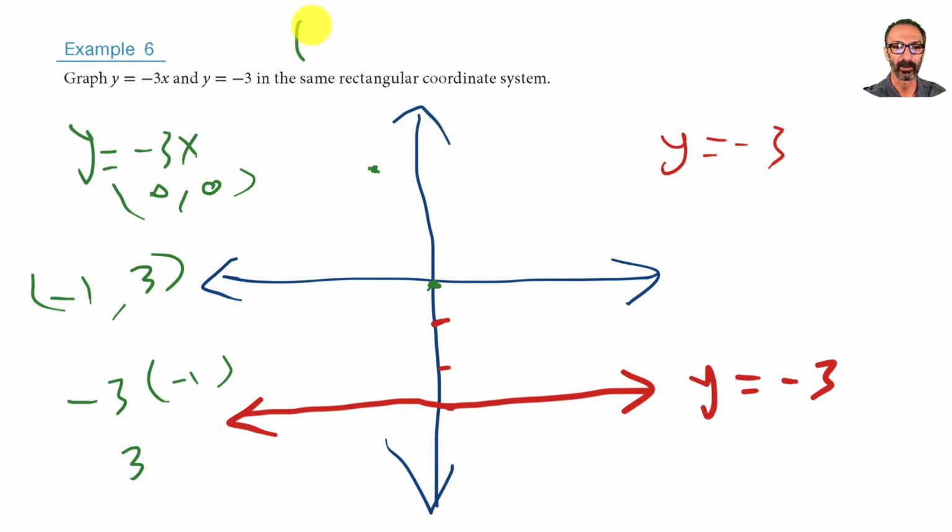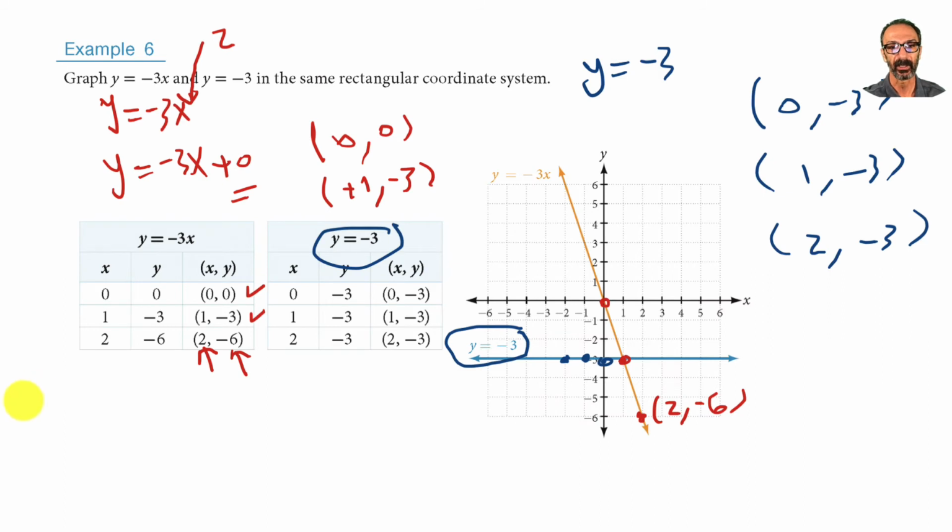Doesn't hurt. 1 times -3 is -3. So when x is 1, you have y equals -3, and now it looks like we did the math correctly, so it goes this way. If you need more detail, I have it right here. Okay, so that's the whole thing with the table and the graphs.